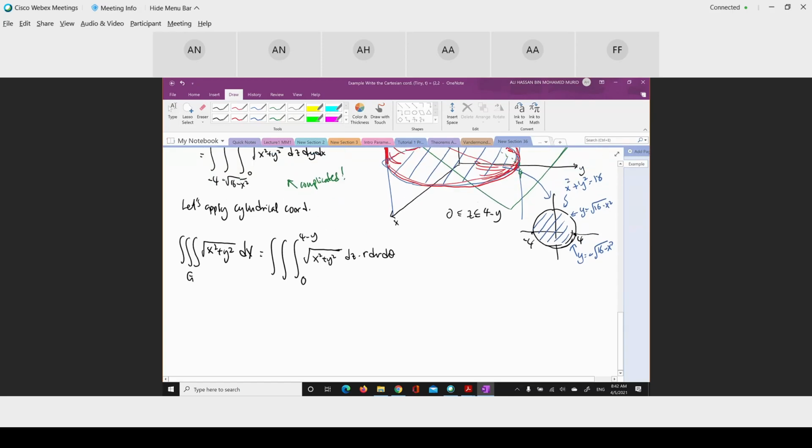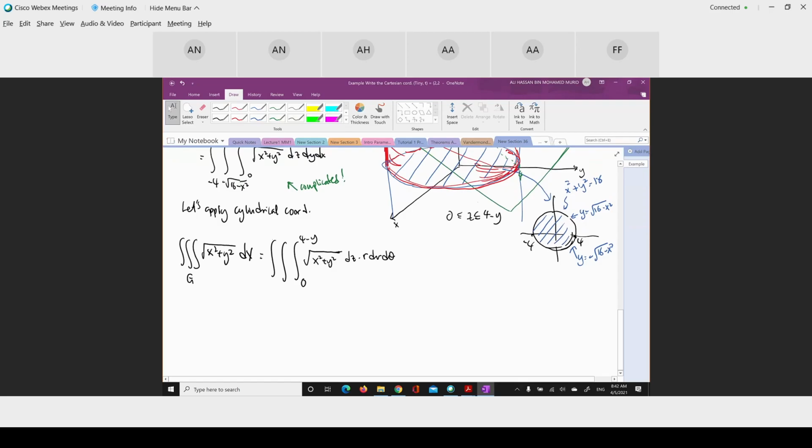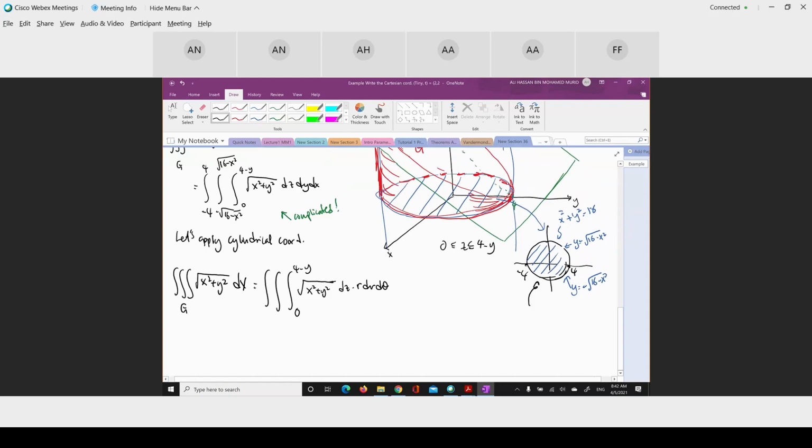R is bounded between 0 and the radius 4 for this circular region, and because this is a full circle, theta is bounded between 0 and 2 pi.